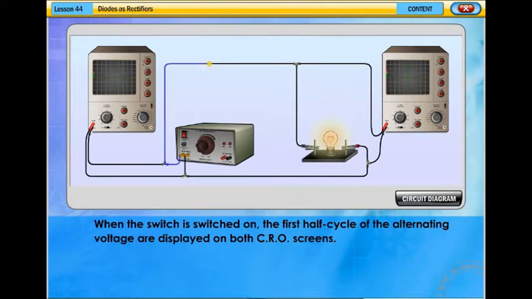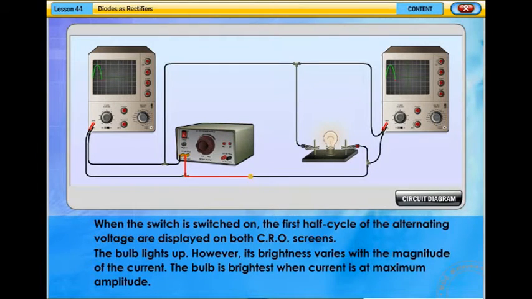When the switch is switched on, the first half cycle of the alternating voltage is displayed on both CRO screens. The bulb lights up. However, its brightness varies with the magnitude of the current. The bulb is brightest when current is at maximum amplitude.